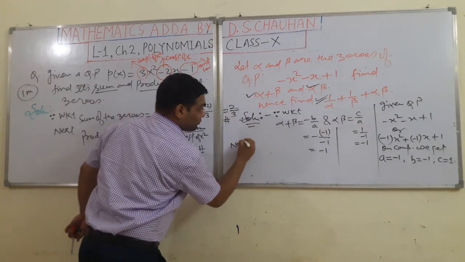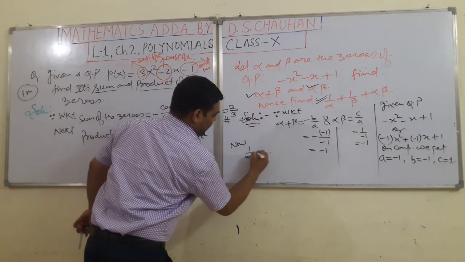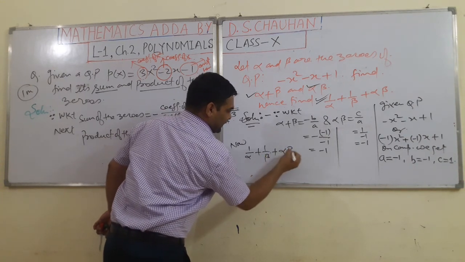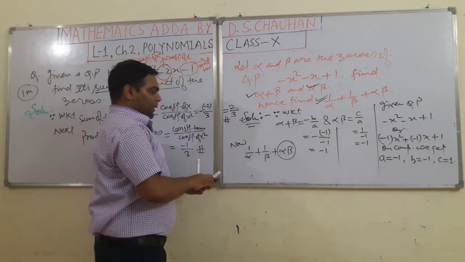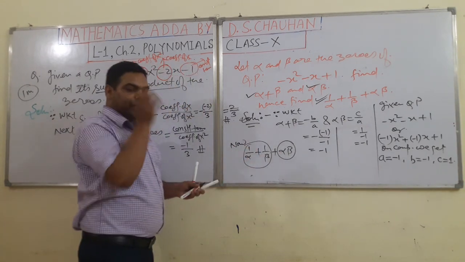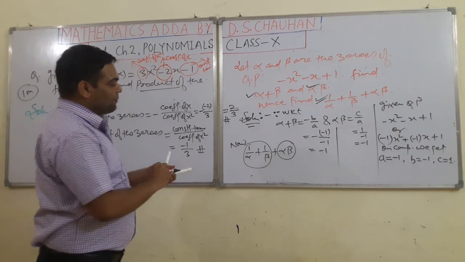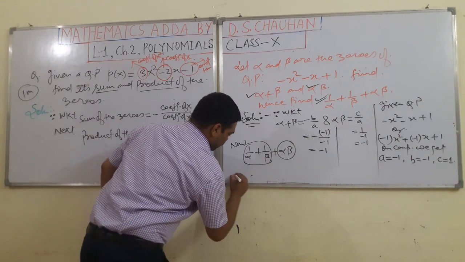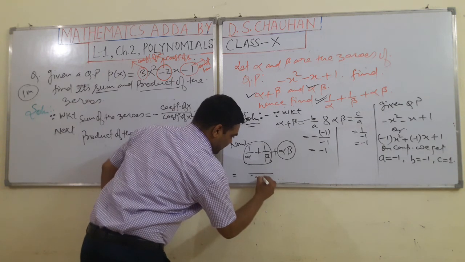Now 1 upon alpha plus 1 upon beta plus alpha beta. No doubt students, this is known to us now, but still this is unknown. How will we proceed? We have to proceed with the help of simplification. So by taking the LCM we will solve it. What is the LCM here? Alpha beta.